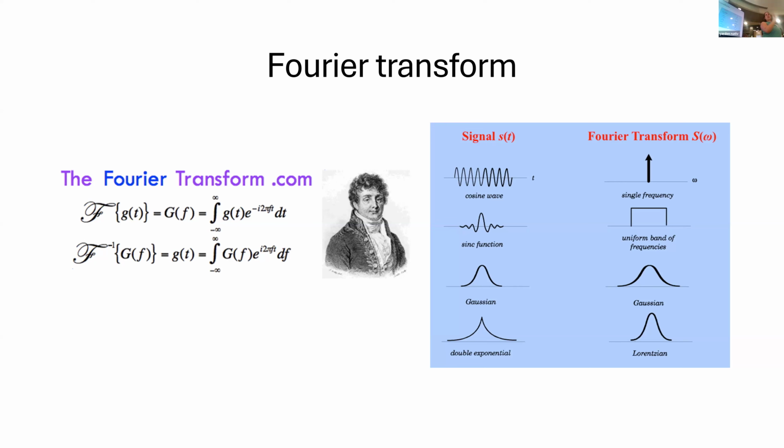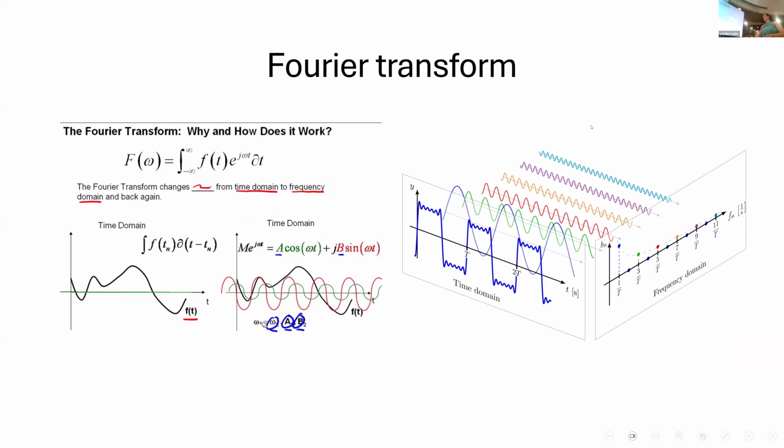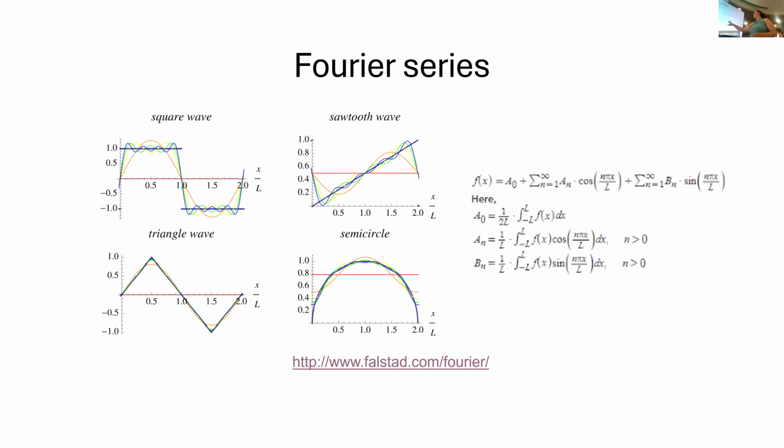Questions? In the previous slide, we saw that the amplitude was Bn. So that means that all of the signals were sines, because I remember B was for sine and A was for the coefficient. The coefficients are sine multiplied by the function.